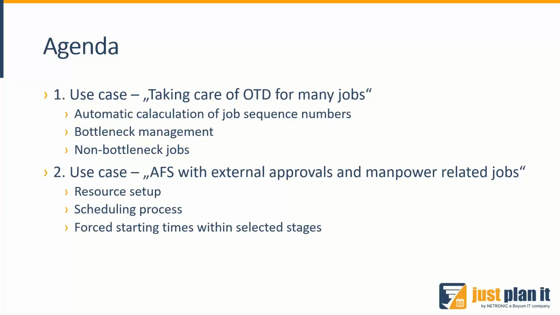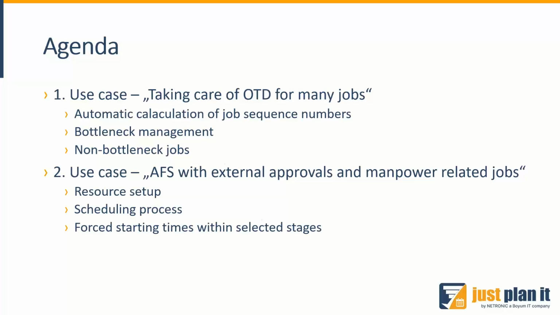Second, I will focus on the scheduling process itself, how to master the challenge with the external approval process and come to reliable delivery commitments. And last but not least, as a side aspect, I will also show you an idea of how you can force dedicated start dates within selected stages.